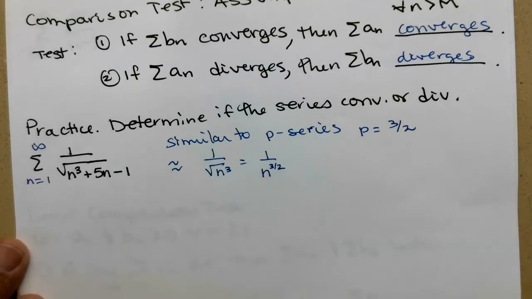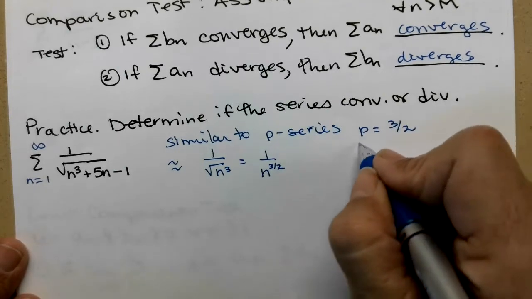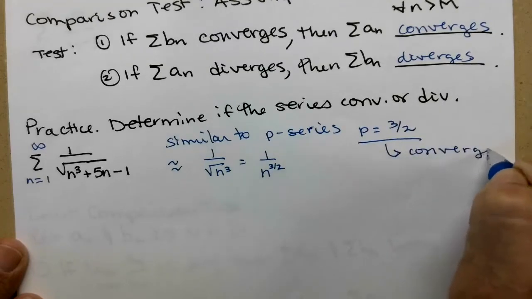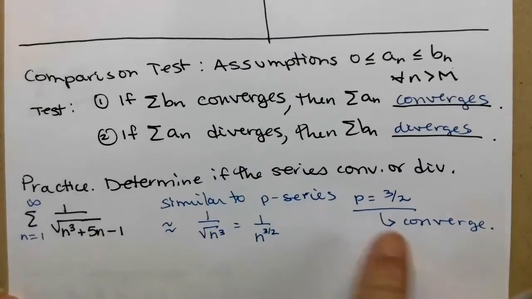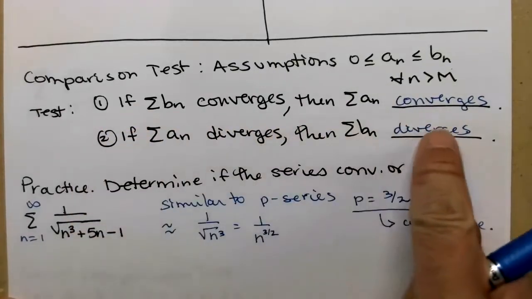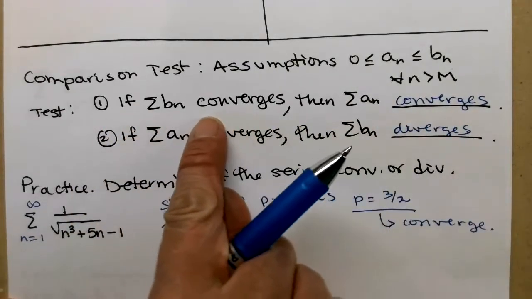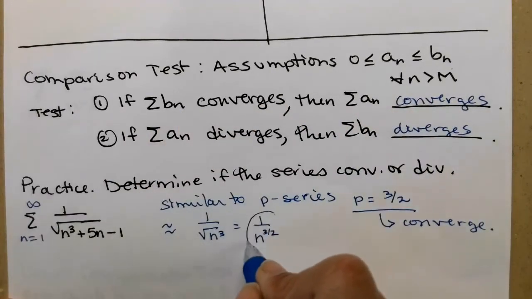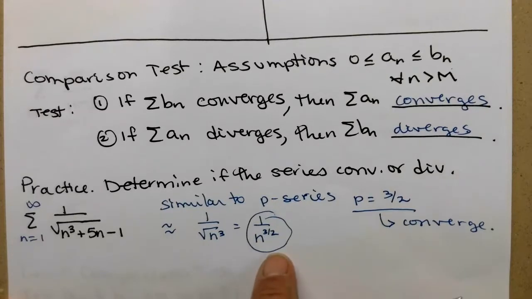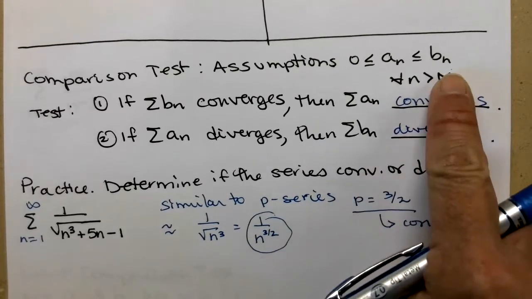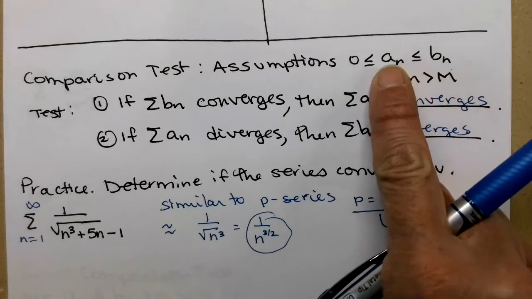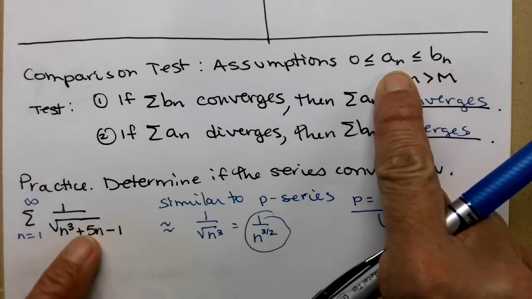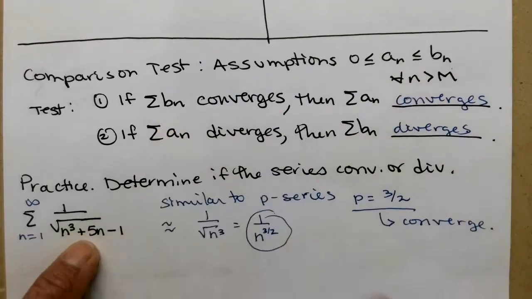So here's our thought process. This means it's going to converge, so we're going to look at the converging line. So if b sub n converges, then a sub n converges. So b sub n, this thing that we know converges, if we can show that we meet our assumption that it's always greater than or equal to this other series we don't know about, then we can say something about our a sub n that we don't know about.